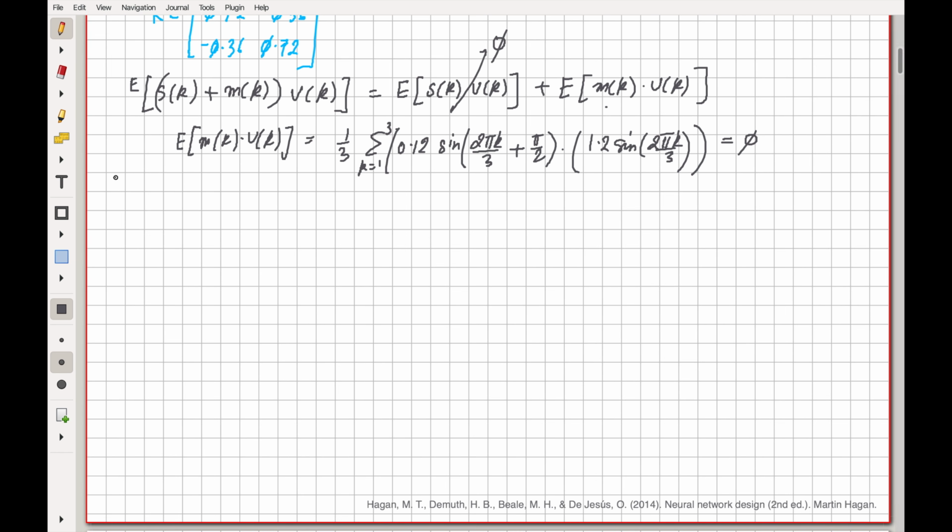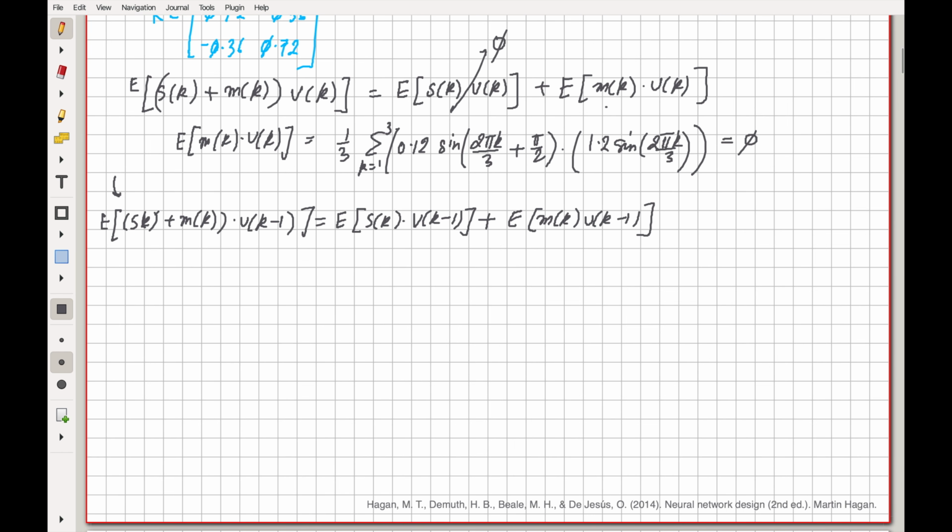Again we write it the same way: the expected value of sk plus mk times vk minus 1, that is equal to the expected value of sk vk minus 1 plus the expected value of mk vk minus 1.